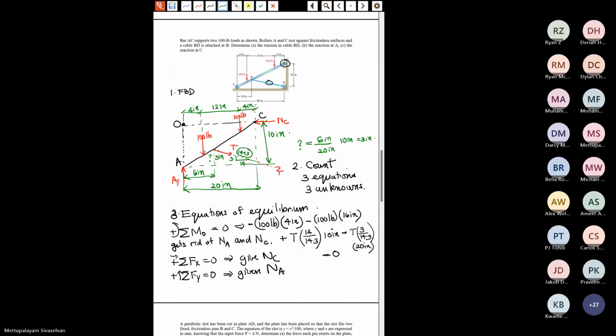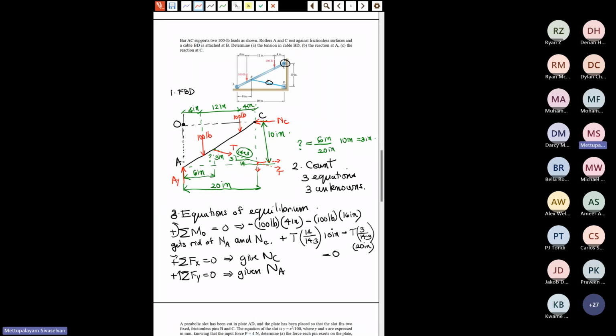Okay. Any other questions? How is the distance 10 inches from the component? Right. So having slid this T down here, if I break it down into horizontal and vertical components, okay?